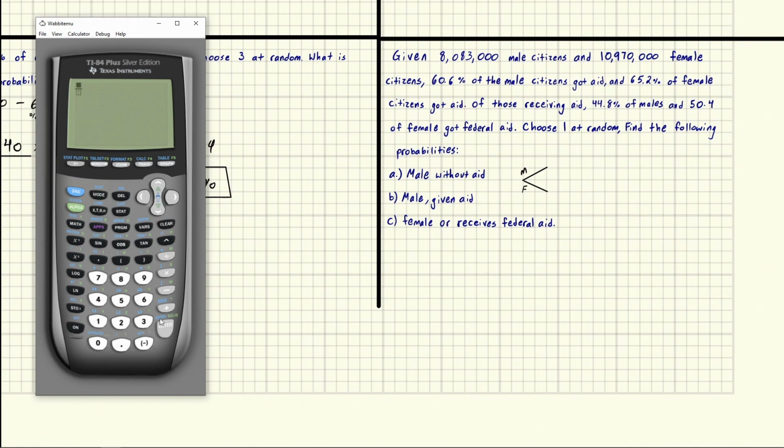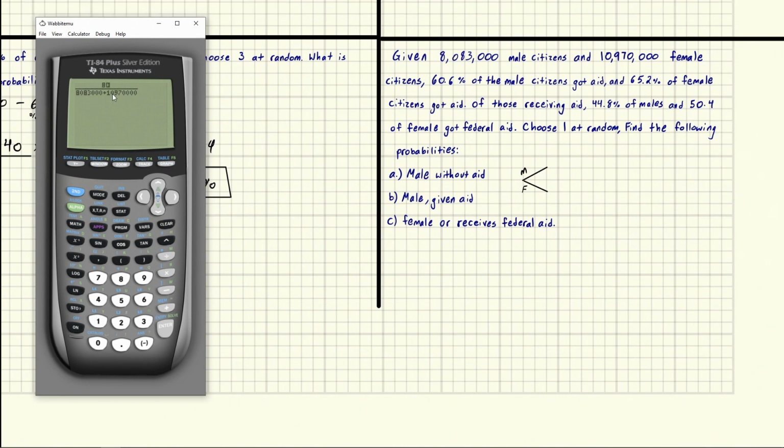So I'm going to do 8,083,000 plus 10,970,000. Just make sure I got all this right. Don't want to make a mistake here. 10, 3 zeros, 380. Cool beans. Up here, we're going to put our condition.